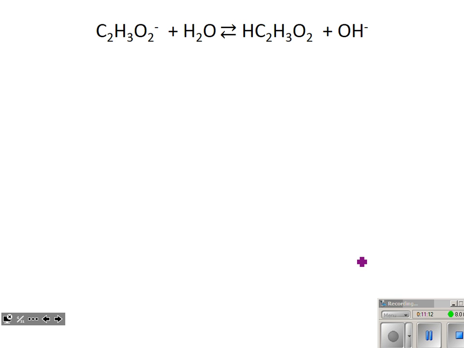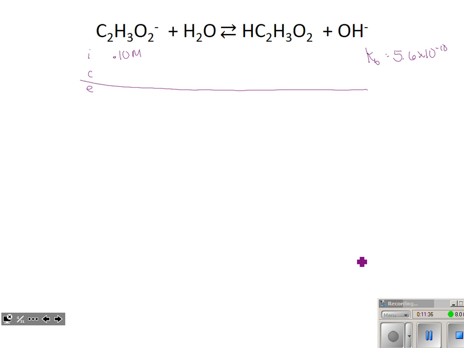We have acetate interacting with water to make hydroxide. The Kb, once you calculate it, is 5.6 times 10 to the negative 10. We know that our ICE chart, we're starting with 0.1 molar sodium acetate.